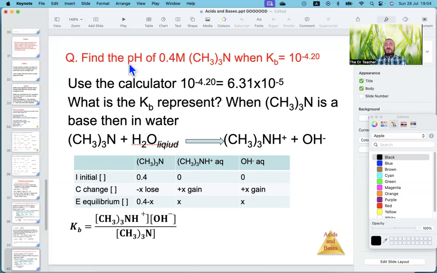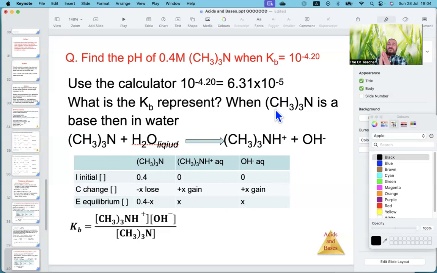Now it wants from me pH, but here I have Kb. So all the calculation will be in the base, the base constant. Once I finish and obtain the concentration, it will relate to the OH.